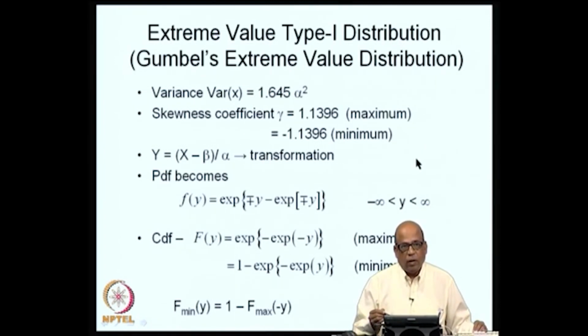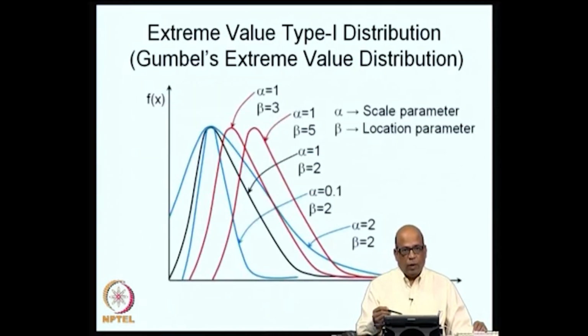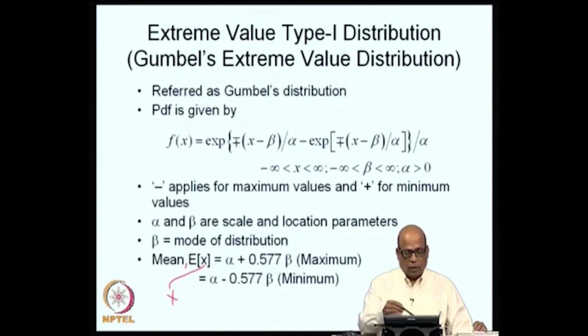There is a transformation that we consider, y is equal to x minus beta over alpha. Now, this transformation when we use in the original PDF, let us say your PDF is like this. So, you are looking at the transformation x minus beta over alpha.